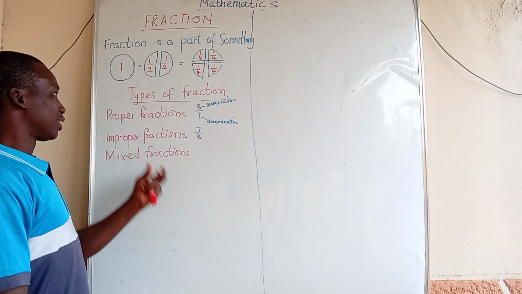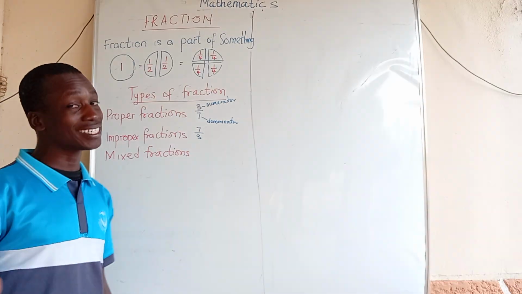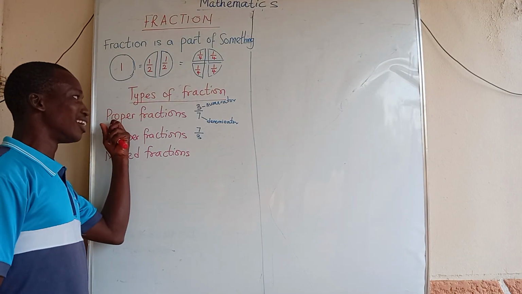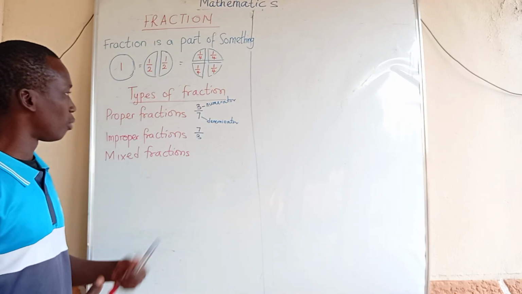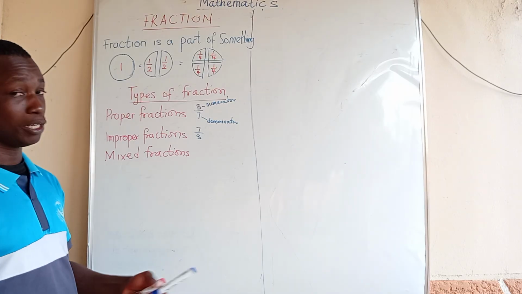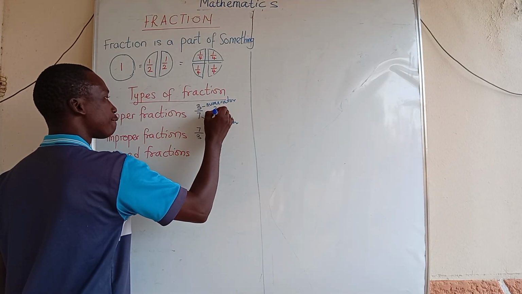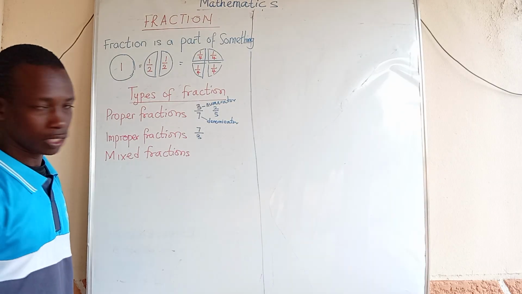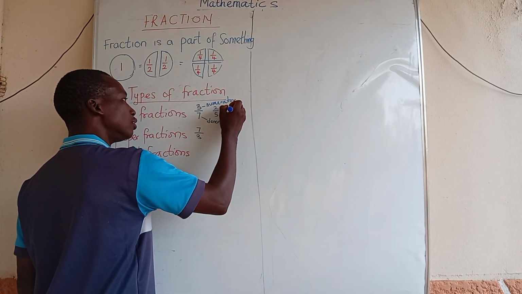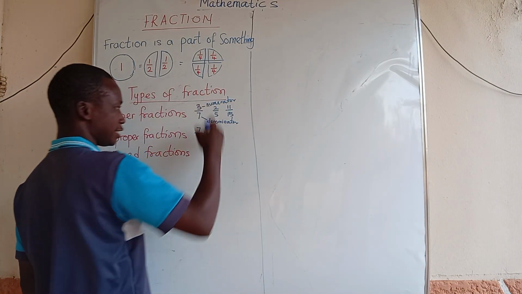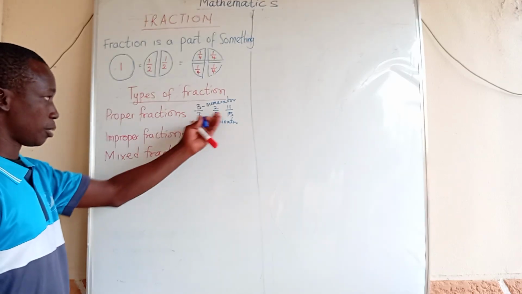So, with this understanding, you can give other examples of proper fraction and improper fraction. You have 2 all over 5, which is a proper fraction. You have 11 all over 15, which is a proper fraction.